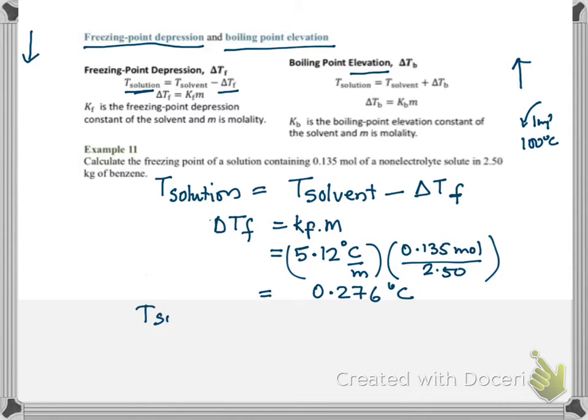And now you can calculate T solution. The temperature of the solvent is 5.5 degrees Celsius, which will again be provided to you, and then minus 0.276, so that is going to be 5.2 degrees Celsius.